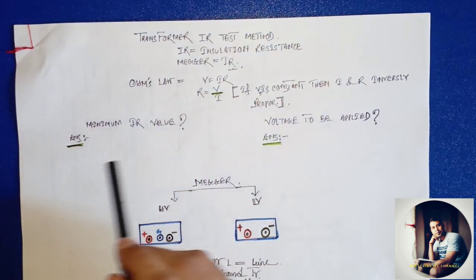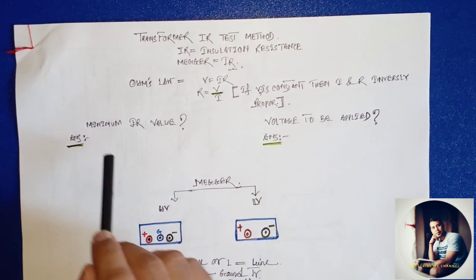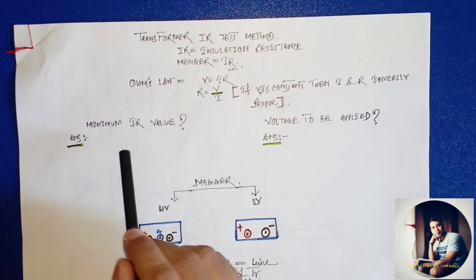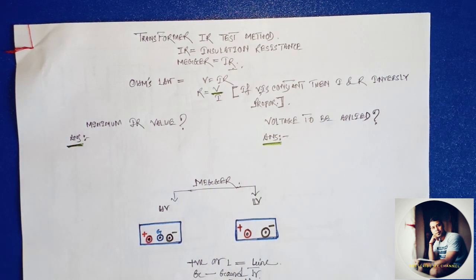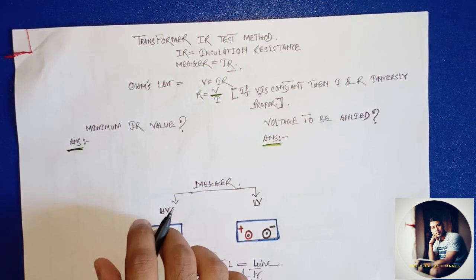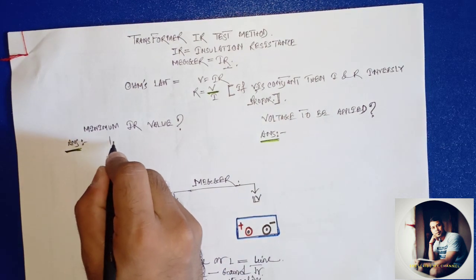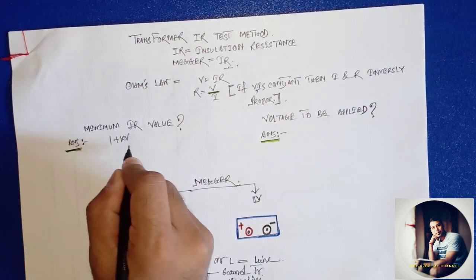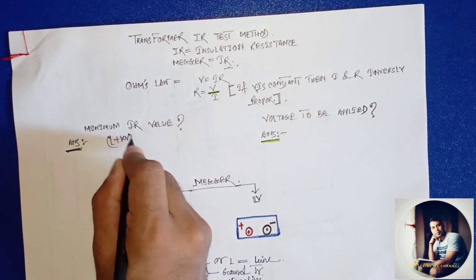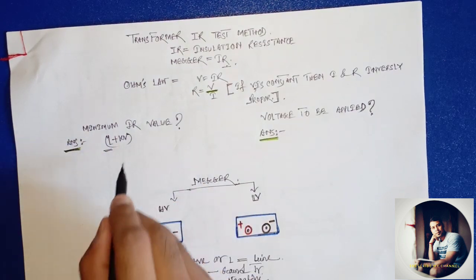So friends, there is a question: how do we know the minimum value of IR? The thumb rule is 1 plus system voltage in kV. This should be the minimum IR value.